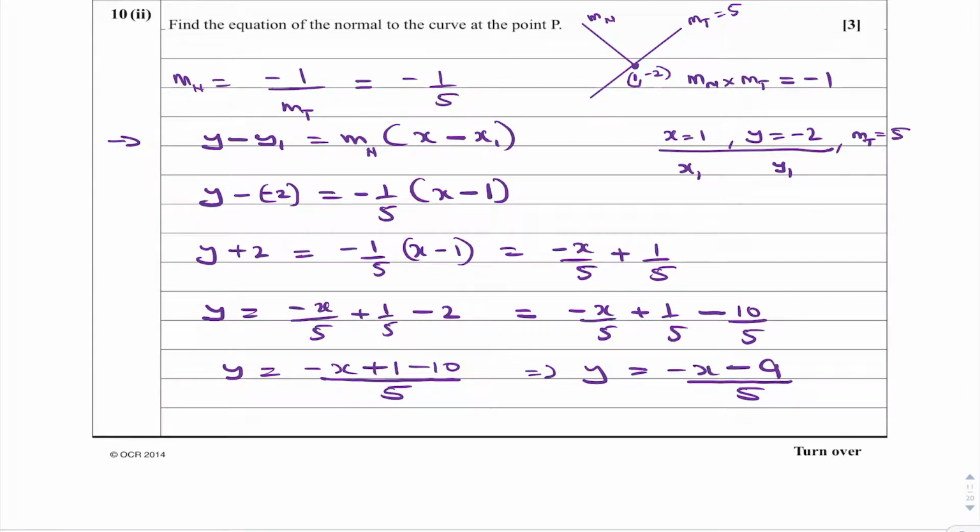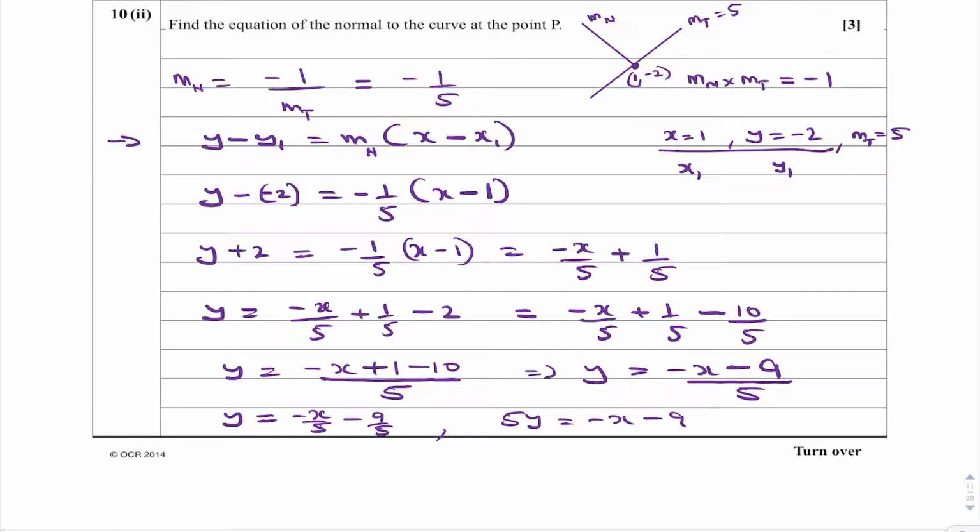You can write it in two ways. y equals minus x over 5 minus 9 over 5. That's the equation. Or you can write it as 5y equals minus x minus 9.